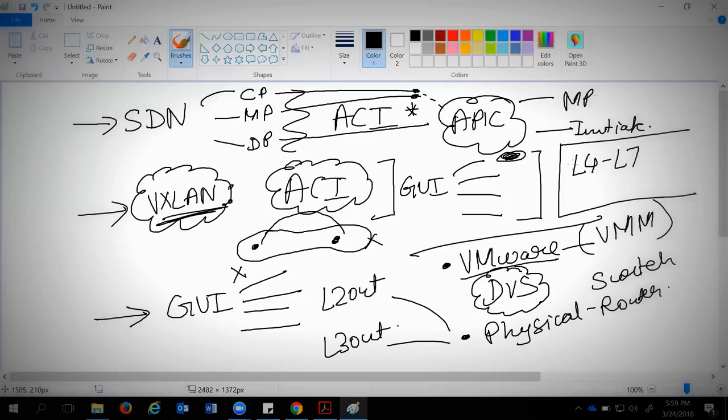This is something you will hear a lot: service stitching, service chaining, or sometimes L4-L7 integrations, or third-party integrations.